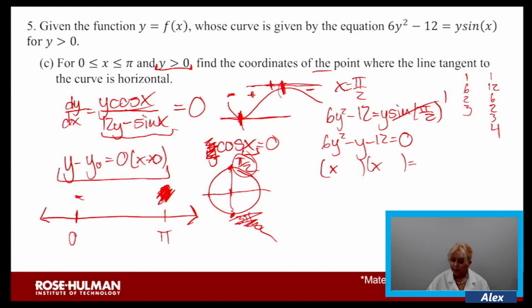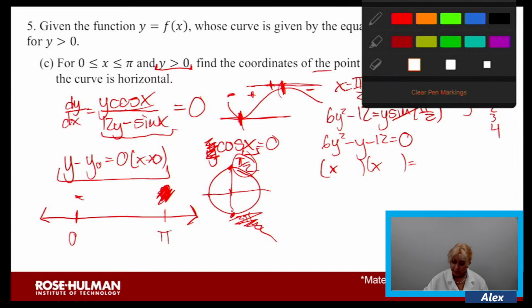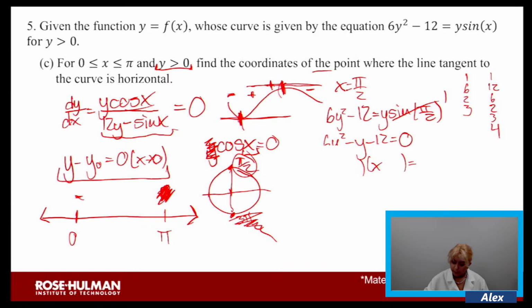Okay, because your answers for where y is possible, and I wrote x's here, but I meant to write y's, gives you fractions. So the quadratic formula will give you that. It'll just take a few steps longer. And so what you would get for this is y equals 3/2 and negative 4/3.